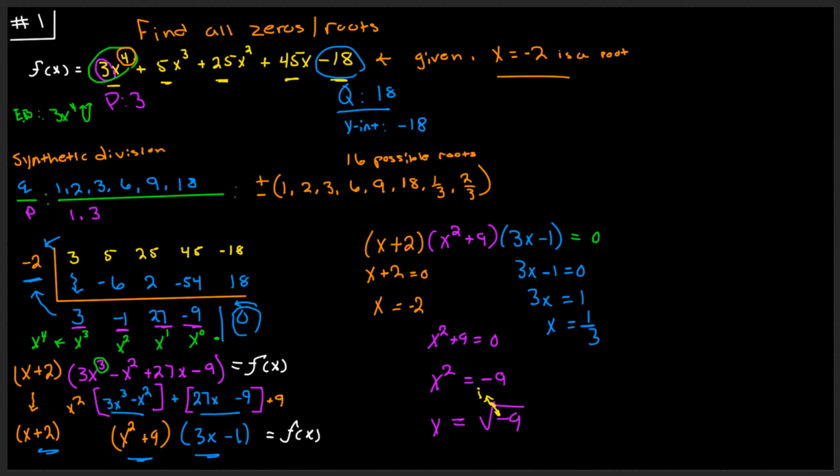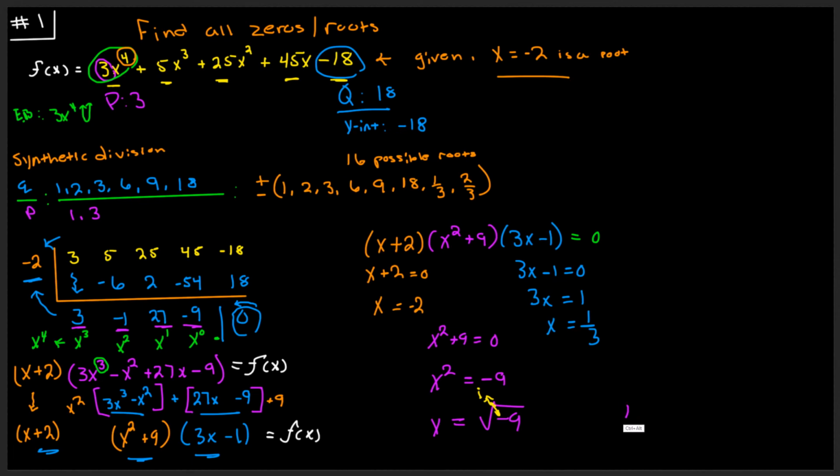This leaves you with i as the negative out of the square root, and 9 out of the square root is going to be 3. But don't forget that the square root of 9 is both positive and negative. You have two answers to get a 9 as a square.